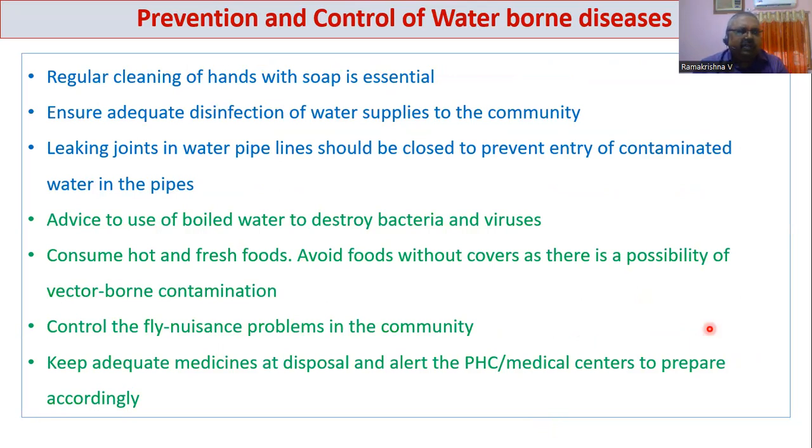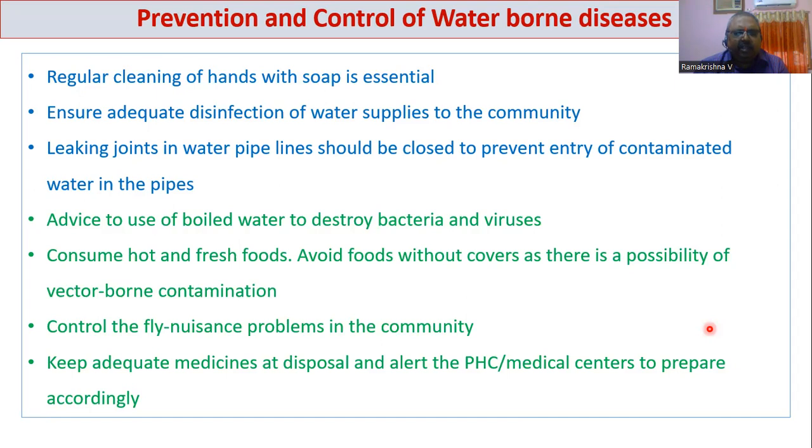Ensure adequate disinfection of water supplies to the community, so that no contamination remains in the water pipes. Usually, we put some amount of chlorination in the treatment system and leave some residual chlorine, so that if any bacterial entry occurs in the water pipes before it reaches the consumer, this residual chlorine will take care of it.